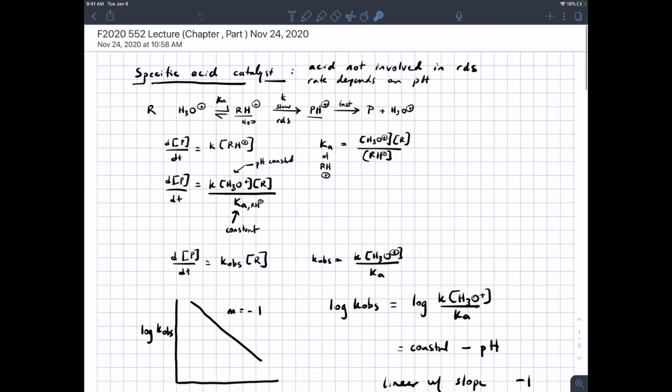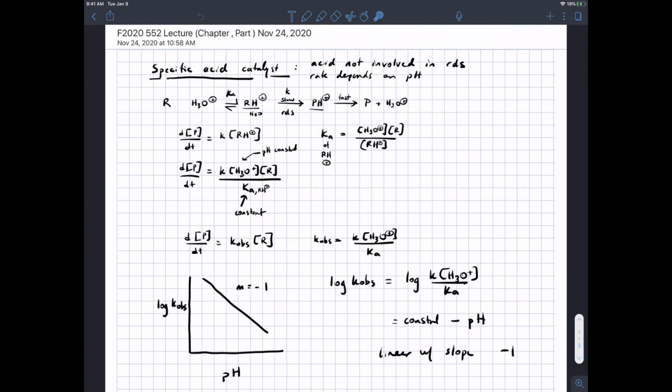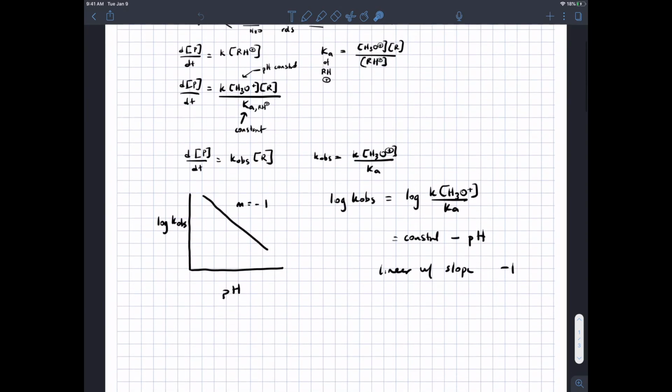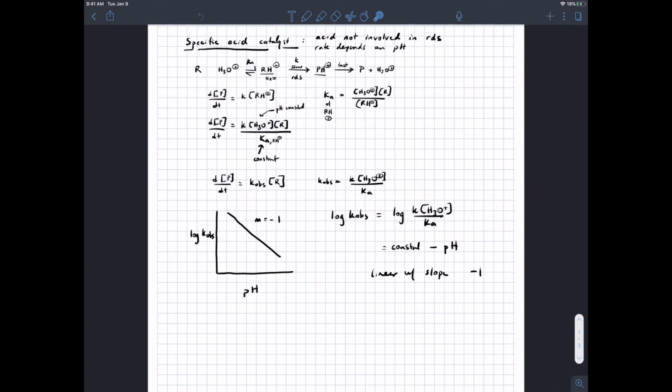And so a hallmark of specific acid catalysis is this linear dependence on pH, where the reaction slows the less and less hydronium you have in solution. All right. Questions about that?